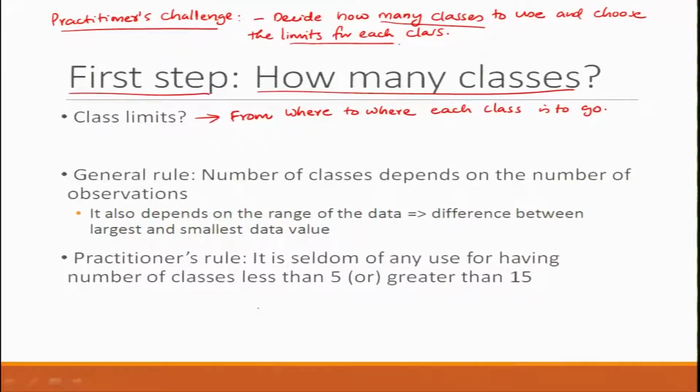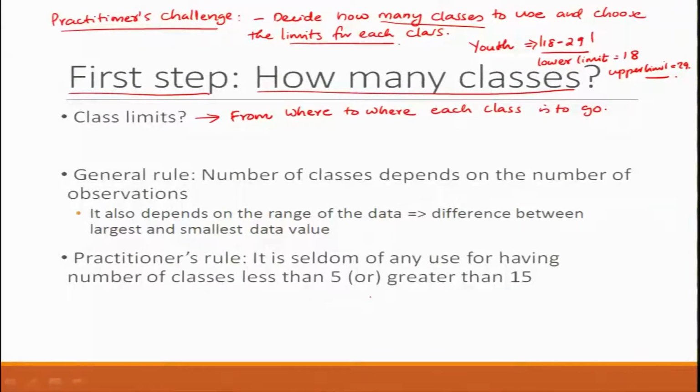So, the idea is this: if somebody says that young or youth is an age between 18 to 29, then 18 to 29 is a class. The class is called youth and the class limits are 18 and 29. So, the lower limit in this case will be 18 and the upper limit will be 29. That is what the class limits are.